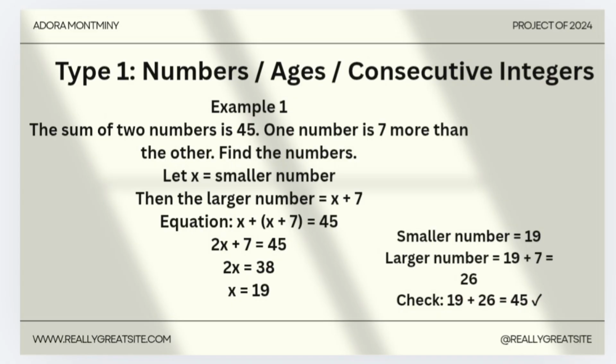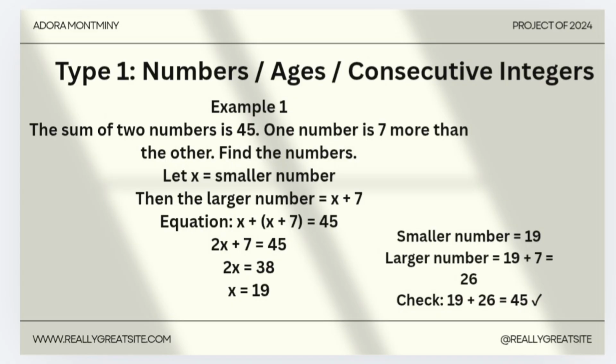Equation: x + (x + 7) = 45. Then 2x + 7 = 45. Then collect like terms: 2x = 45 - 7, which is 38.